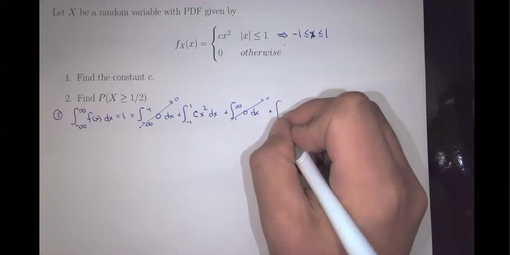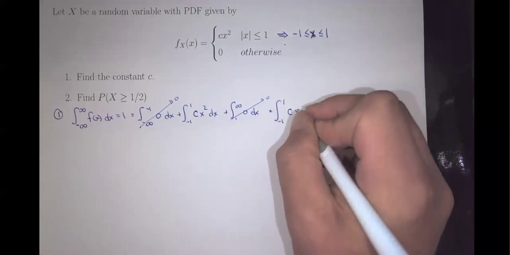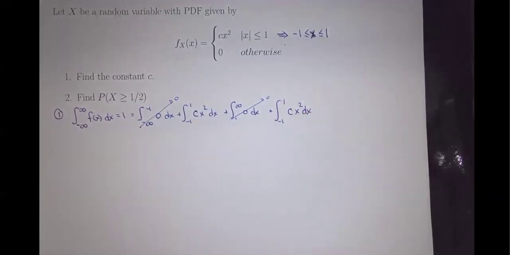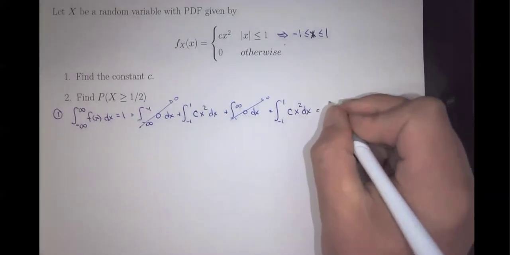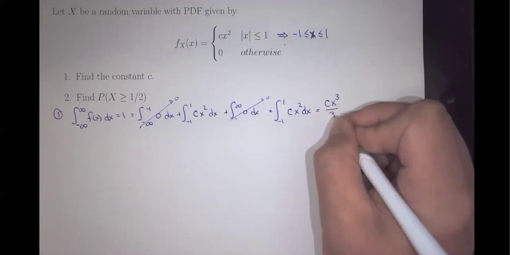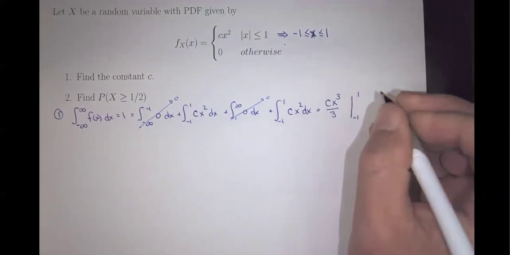So we have the integral from -1 to 1 of cx squared dx. The antiderivative of cx squared is cx cubed over 3, evaluated from -1 to 1.